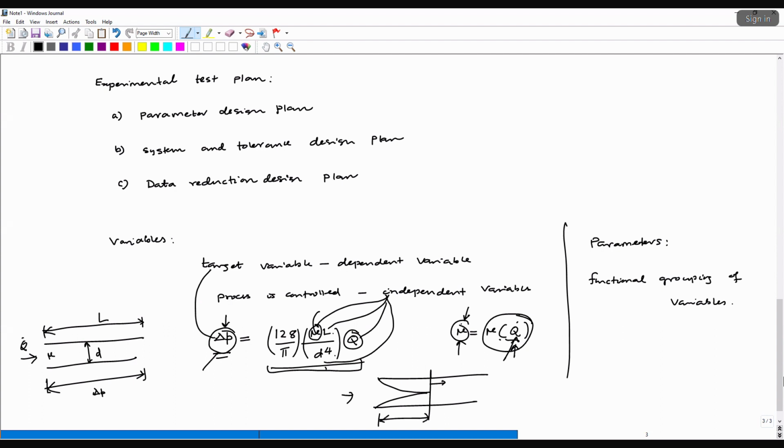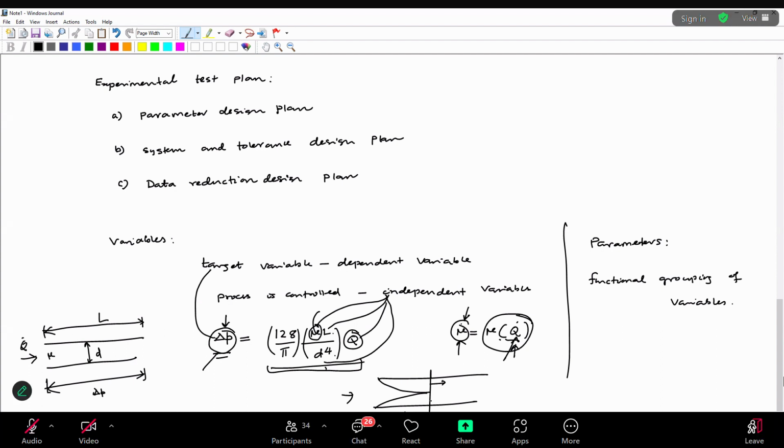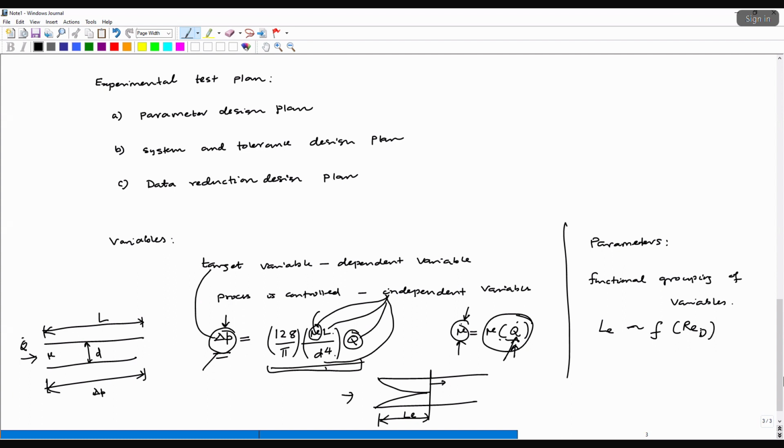Let's say this is entrance length, L subscript E. This entrance length is typically a function of the Reynolds number based on the diameter, and I hope all of you know what Reynolds number is. This Reynolds number comprises density, velocity, some kind of length scale, divided by dynamic viscosity.